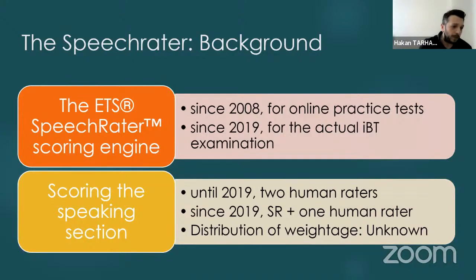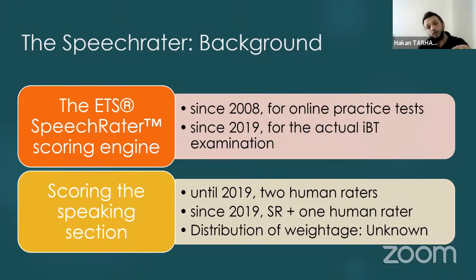Now, I've talked to some data scientists from the ETS, and they all said that they are currently using the SpeechRater and the human rater together in all high-stakes examinations, like the IBT, because they also know that the SpeechRater score alone can have problems of its own, especially in terms of topic development.